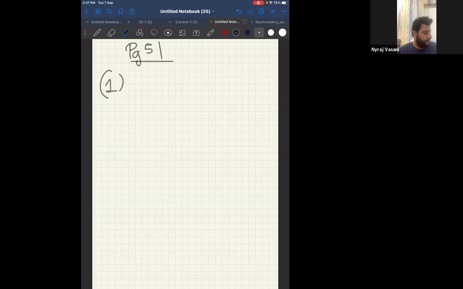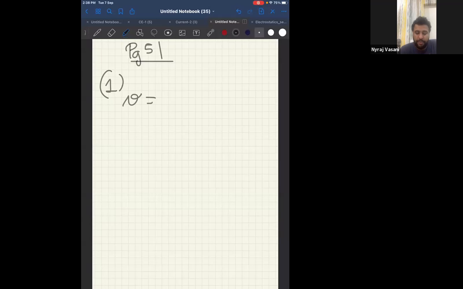Okay, now let us see. A simple pendulum performs a simple harmonic motion with an amplitude a and time period T. The speed of a pendulum means velocity.